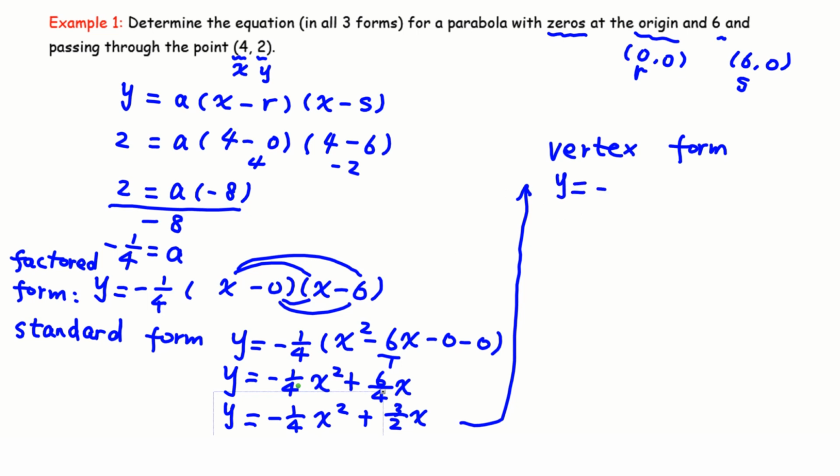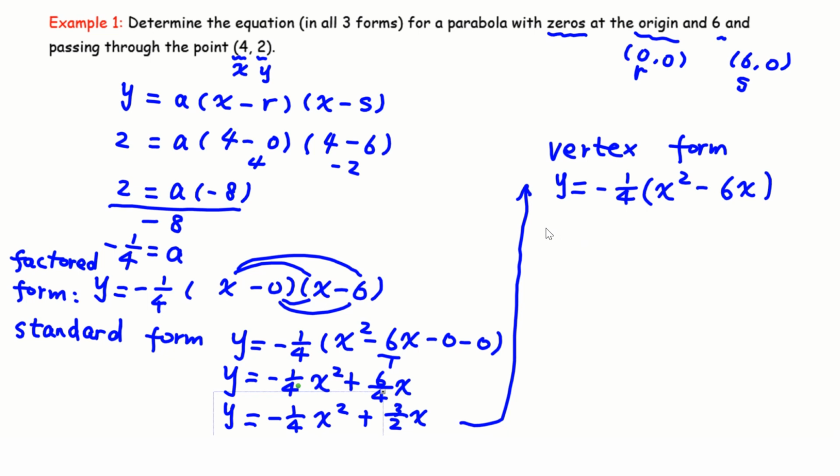You are going to have negative 1 over 4 bracket x squared, each term divided by negative 1 over 4. Use your calculator, you are able to find 3 over 2 divided by negative 1 over 4 gives you negative 6. Then bracket x, and the bracket outside will be 0.